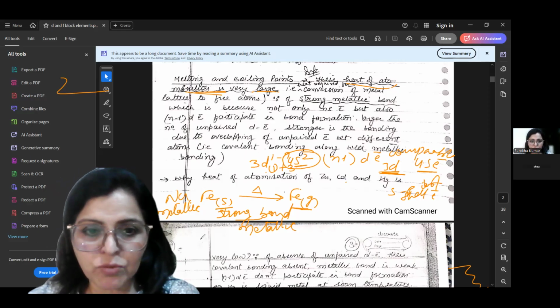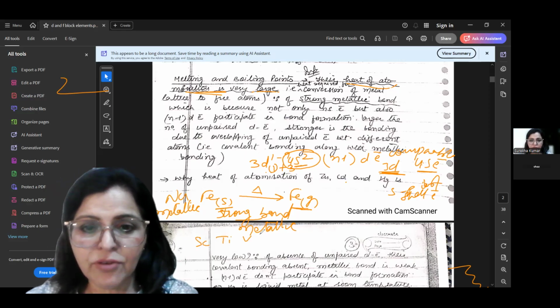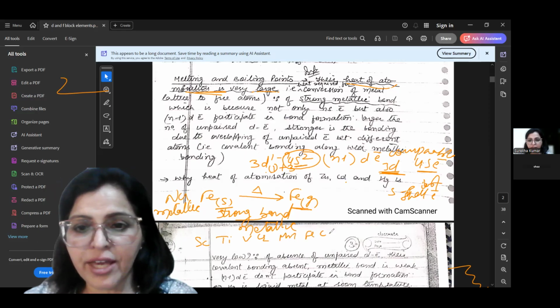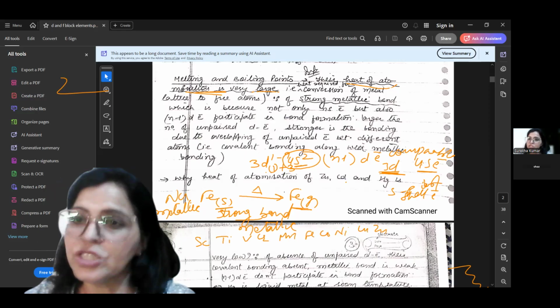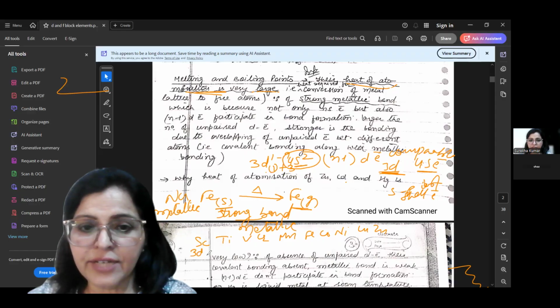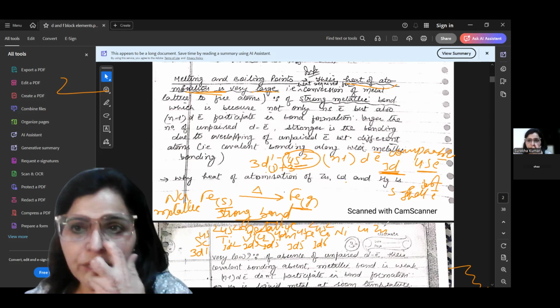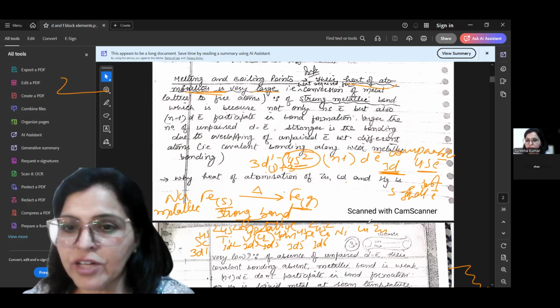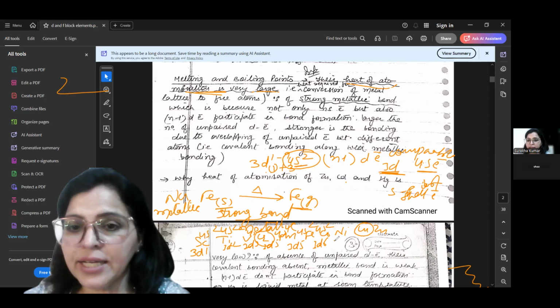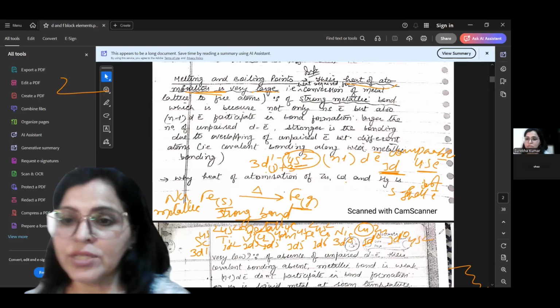In case of scandium, once again I am going to write down here the configurations. Scandium is 3d1 4s2, titanium 3d2 4s2, vanadium 3d3 4s2, chromium 3d5 4s1, manganese 3d5 4s2, iron 3d6 4s2. 4s2 is common in all of these elements except two exceptions, copper and chromium. In nickel, it is 3d8. In copper, it is 3d10. Zinc, 3d10 and 4s2.